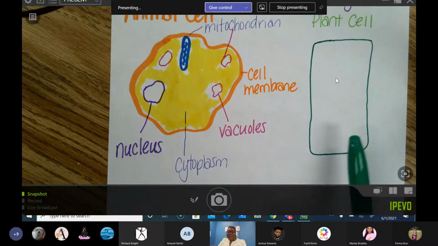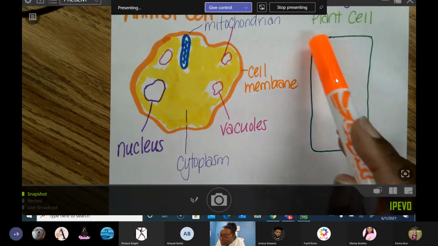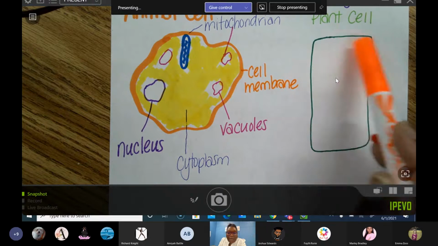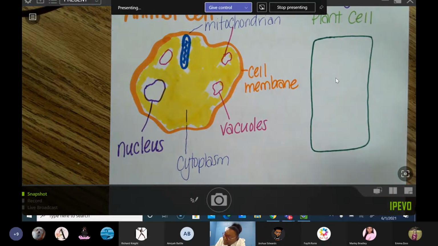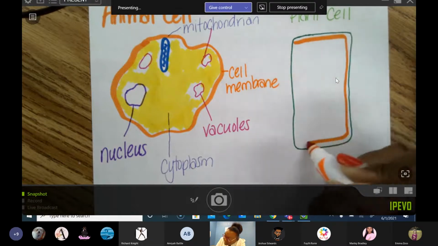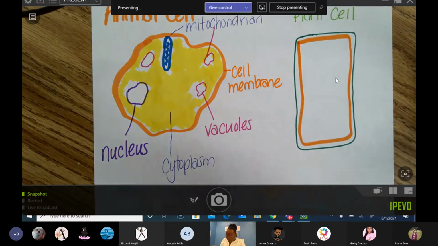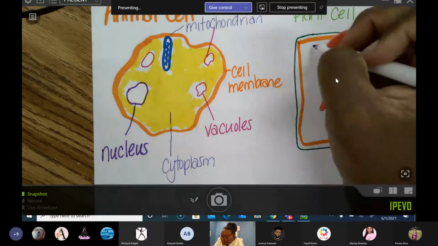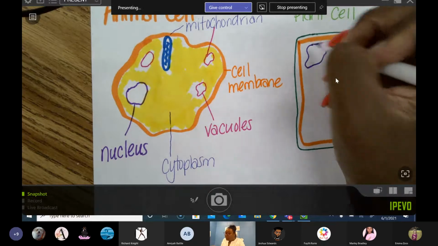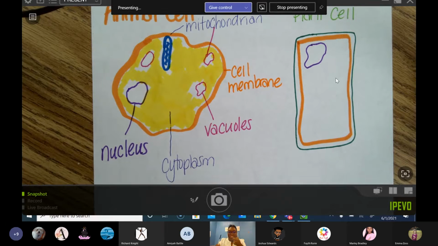So when we're talking about the plant cell here, we're going to draw a green rectangular box here, okay? Inside of there, we're going to have that orange lining. This is our cell membrane, just like we find in that animal cell. We're then going to find a nucleus, just like we had in that animal cell. Notice how I'm drawing those structures the same color, okay?